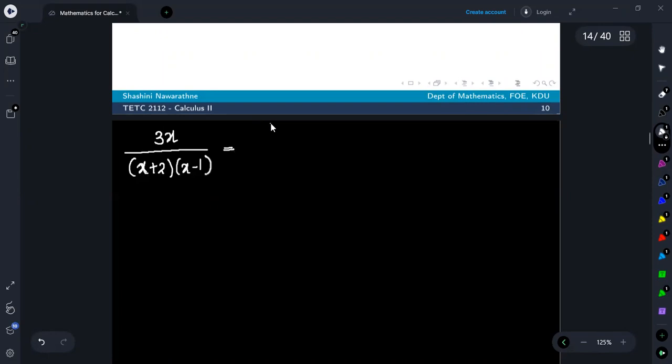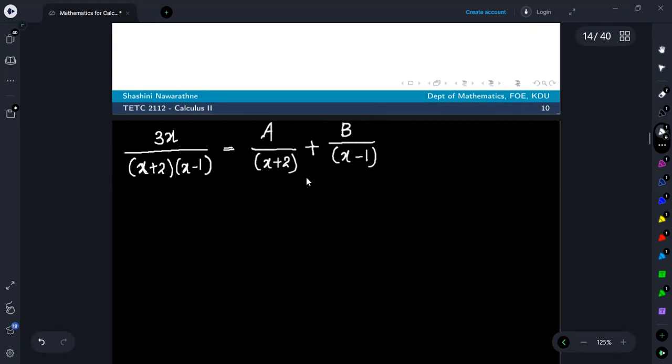So we can write an unknown constant A over the first factor, x plus 2, and then plus another unknown constant B over x minus 1. This is our second factor. So this is the first step of obtaining partial fractions.